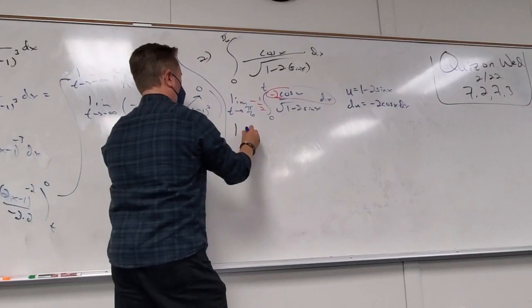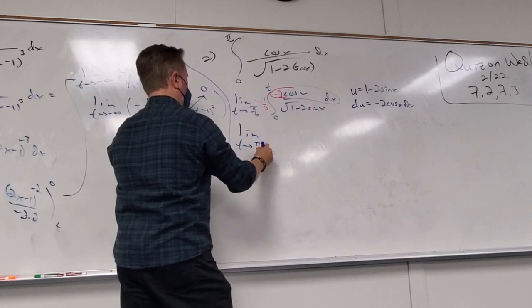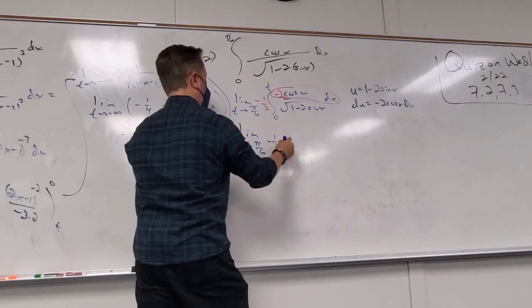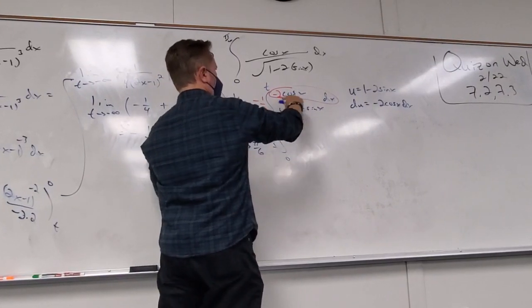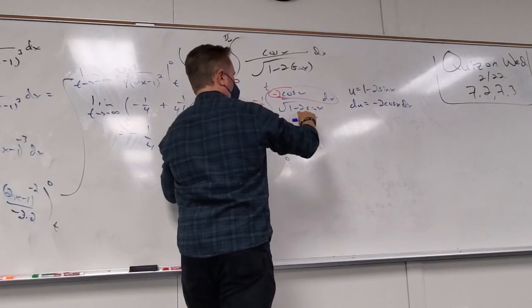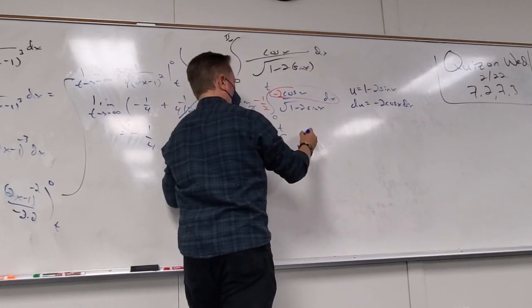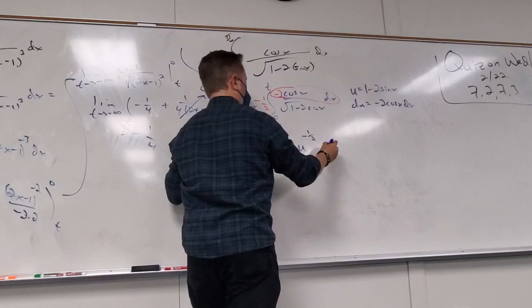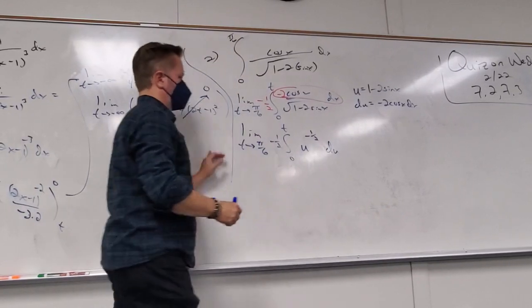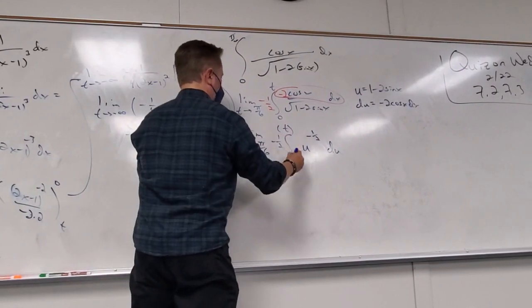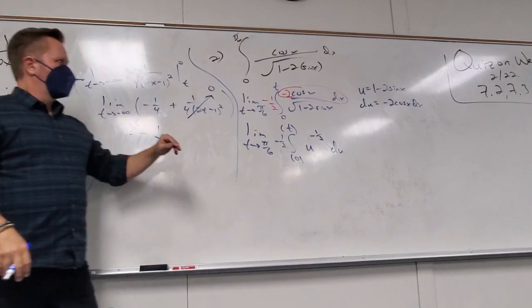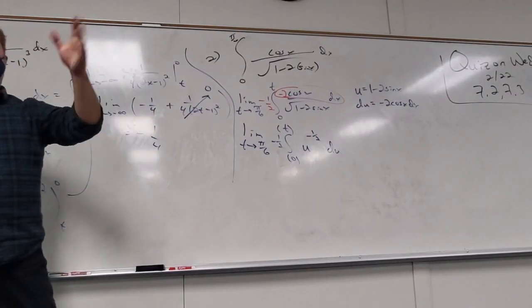So I get -1/2. So this will be du. This will be u to the -1/2, from 0 to t. Now I didn't change these limits. I'm just going to do this now. Some of you did change them. You could change those, right?